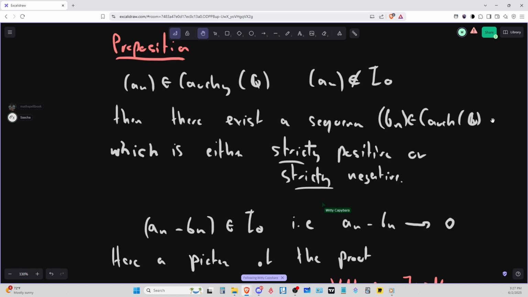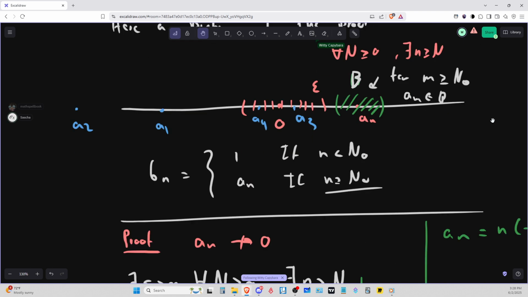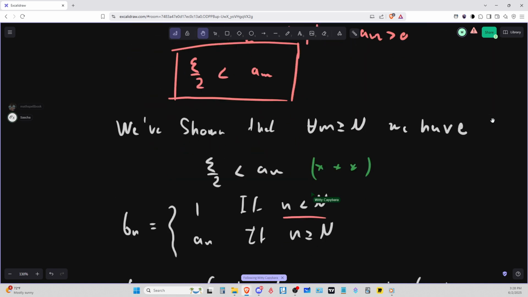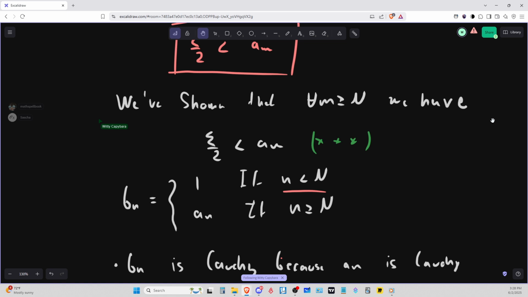Here I think I can strengthen this proposition. So instead of saying it's strictly positive or strictly negative, we're going to say that An is bigger or equal to epsilon over 2, or less than minus epsilon over 2. This is maybe a stronger statement, but I can change it really easily in the proof.